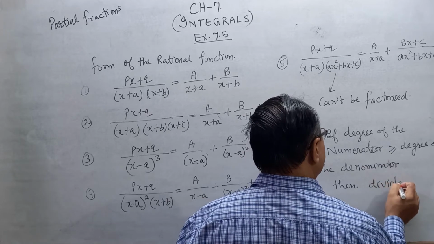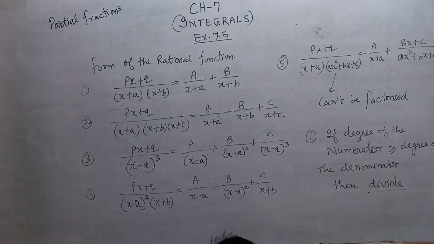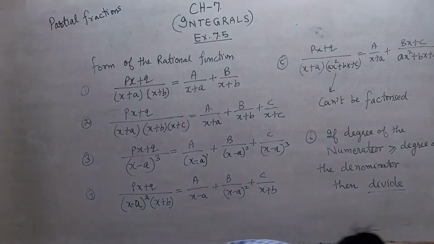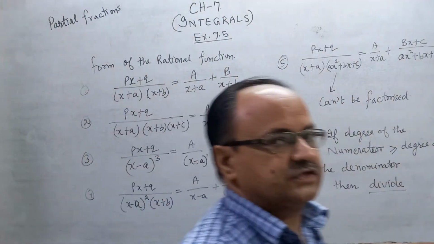Correct? Firstly divide. Clear? So these are the forms of rational function.